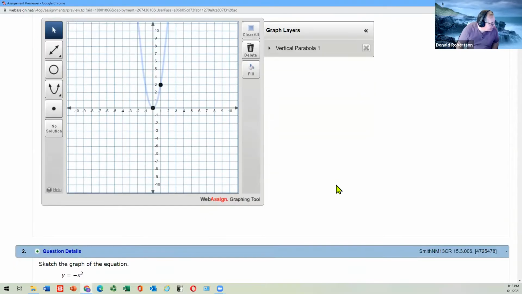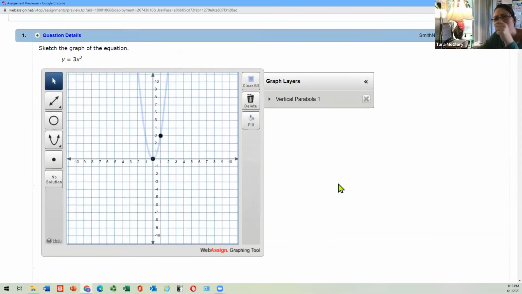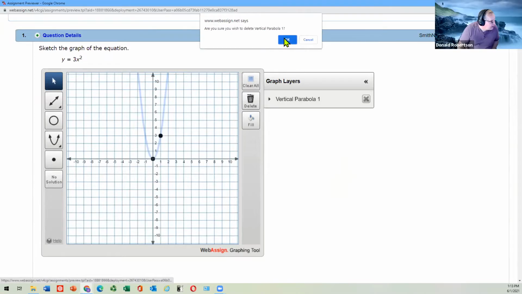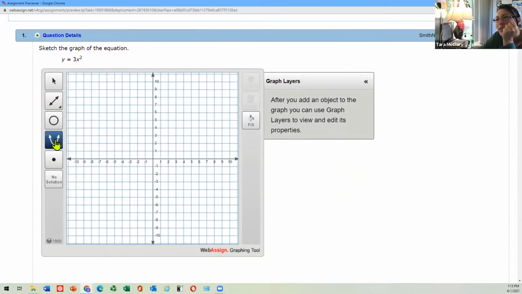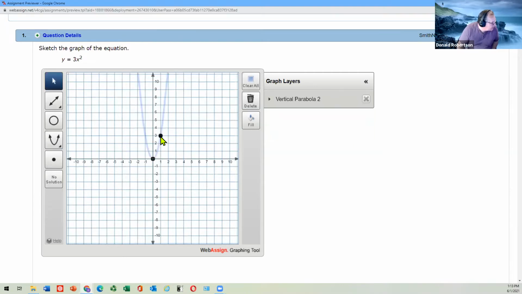Any questions about that? Okay, wait, what did you do? Because it didn't want to plot it just now. So I want to make sure I know how. Okay, let's delete that one. The little curvy one, the happy face shape. Pick that one. And the 2 points that we had, although you can't see them anymore, are 0, 0 and 1, 3.